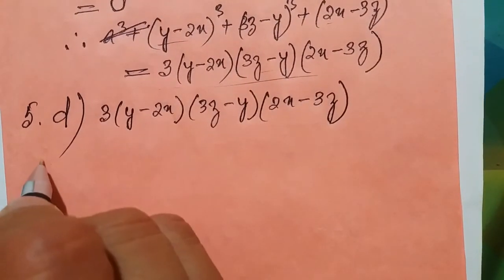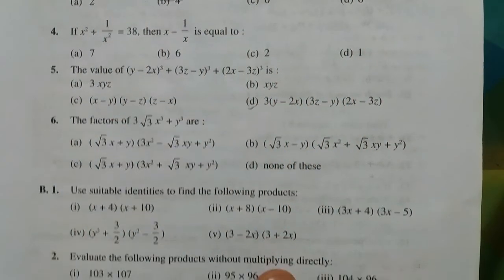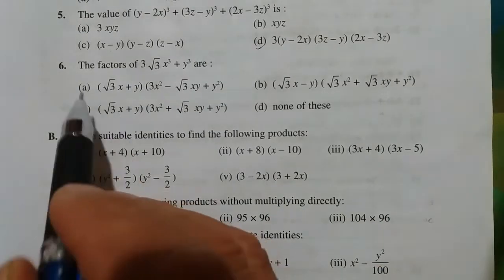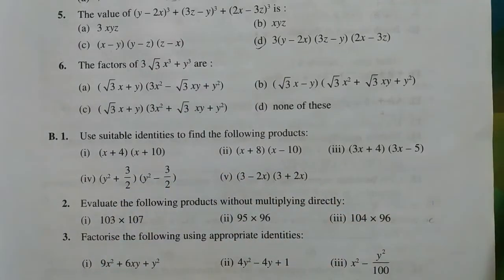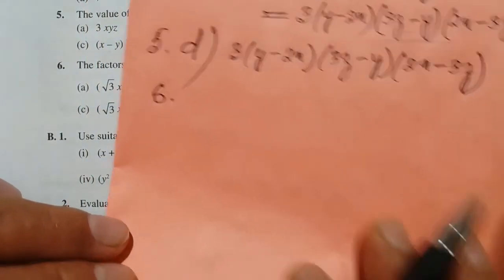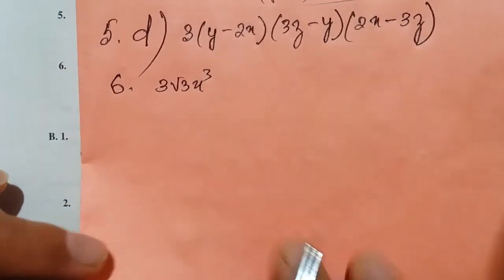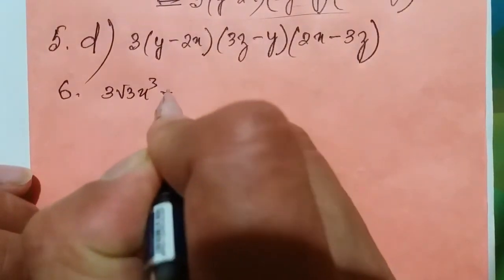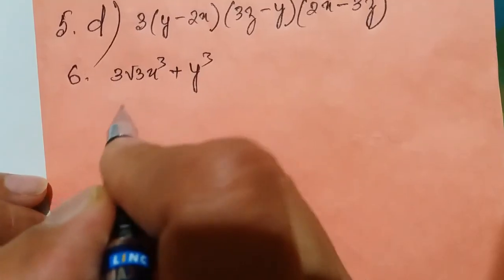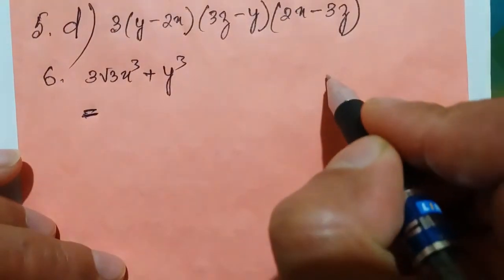Okay, now next let's see question number 6. The factors of 3 root 3 x cube plus y cube are. This 3 root 3 you can write as root 3 cube.